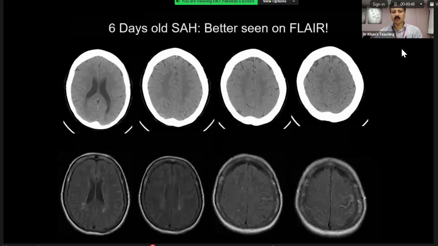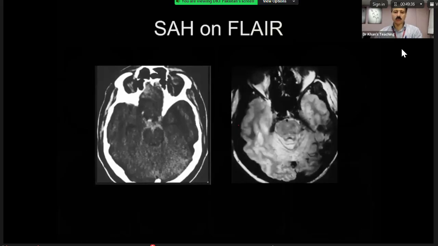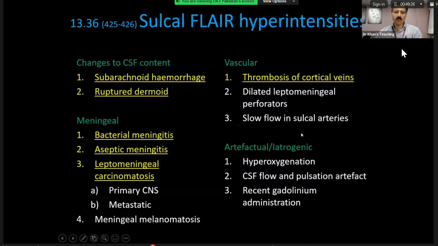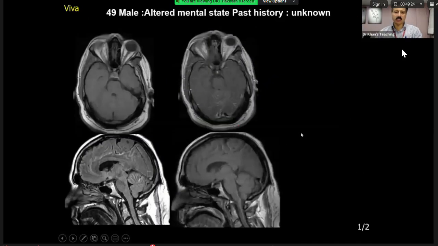And if you pick it up, then you give contrast to rule out any enhancement. So, for example, this was a CT scan where you can see this subarachnoid blood, which is high signal on FLAIR. But look at this case.